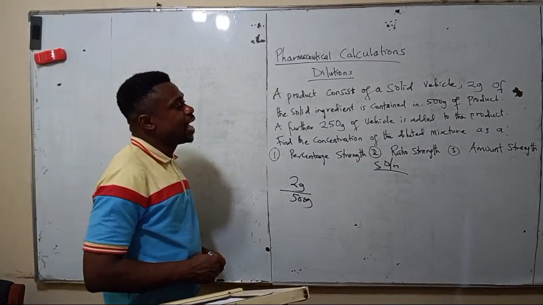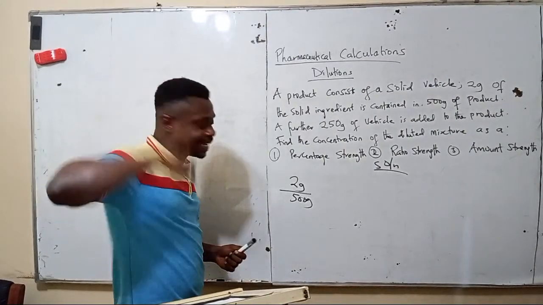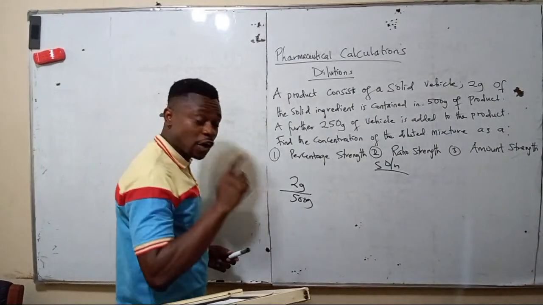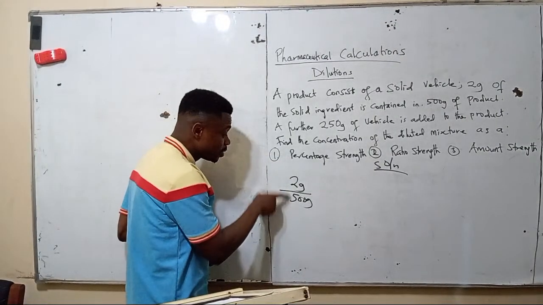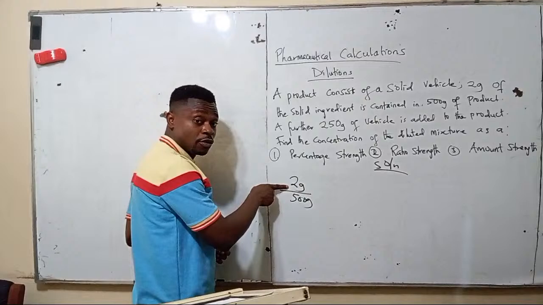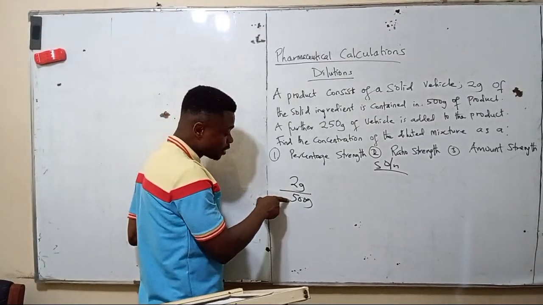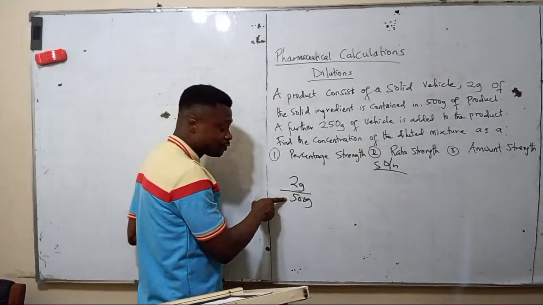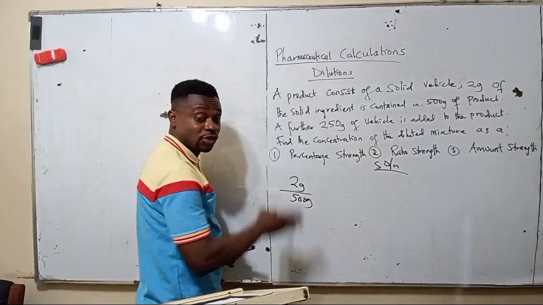But at the end, 250 grams of the vehicle was added. Inside this 500 grams is 2 grams of active ingredient. So if you want to know the amount of the vehicle, you subtract 2 grams from 500 grams, because they are both solid.